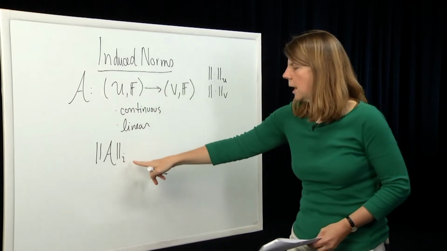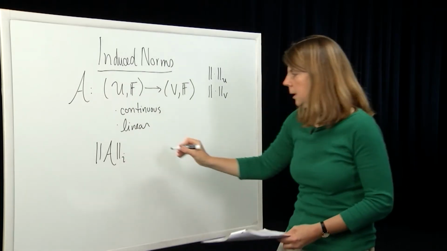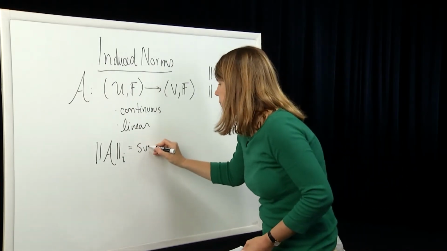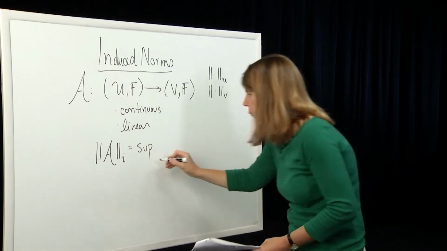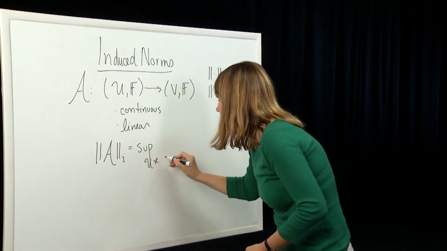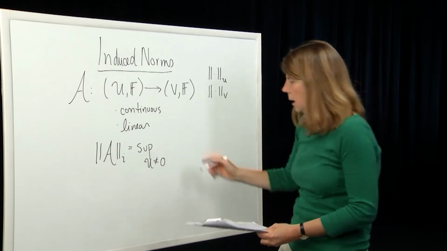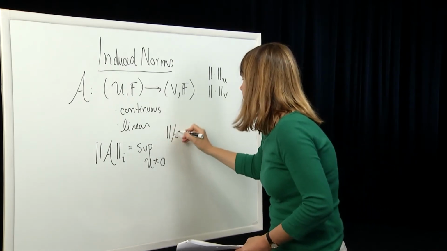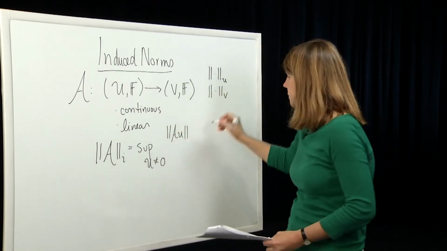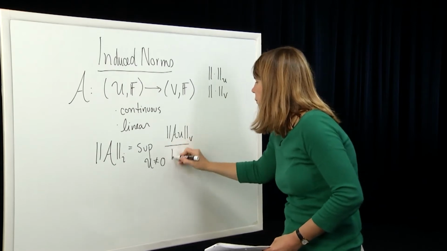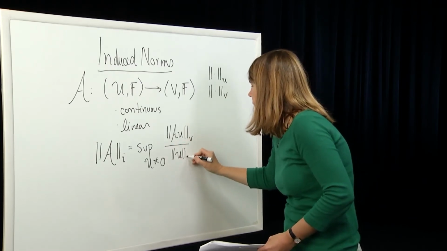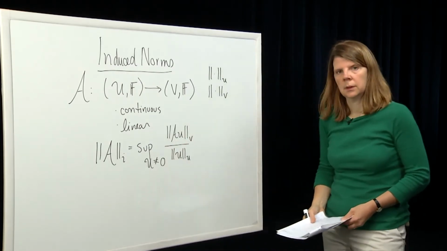So I'm going to use I to indicate induced norm. That is equal to the supremum over all vectors U not equal to 0 of AU, and that's the norm taken in V, over norm U, and that's the norm taken in U.